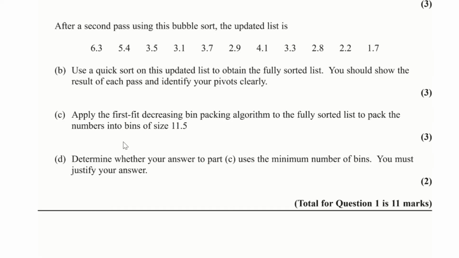Now, for part C, we have to apply the first fit decreasing bin packing algorithm to the fully sorted list to pack the numbers into bins of size 11.5. What's key over here is we've got a bin size of 11.5.